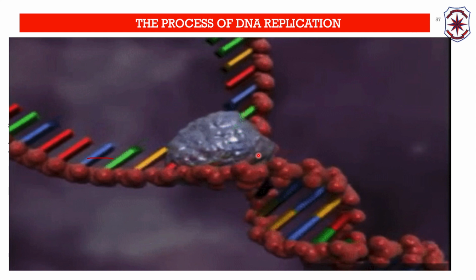Every single step is controlled by enzymes. So this is the enzyme. I'm not going to name it, to confuse you, because you don't need to know the names of the enzymes. Okay, so this enzyme breaks the weak hydrogen bonds. When the weak hydrogen bonds break, you must check, the two strands of DNA will separate.